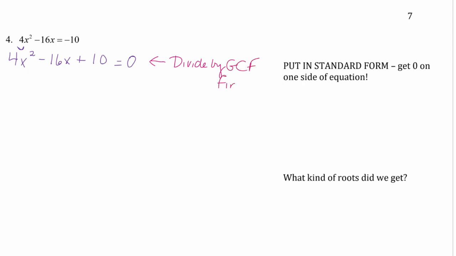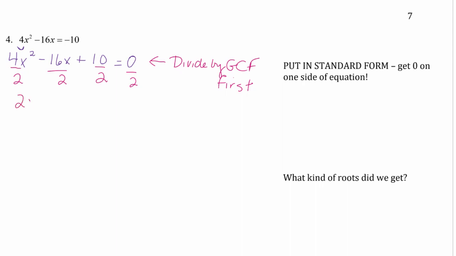If you're solving your equations and you notice that there is a GCF, you're allowed to divide by the 2, in this case, first. And what that will do is make the coefficients, or the numbers that you're going to substitute into the quadratic formula, smaller. So that might be easier to deal with.